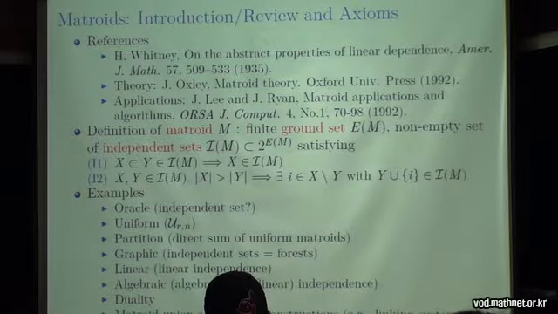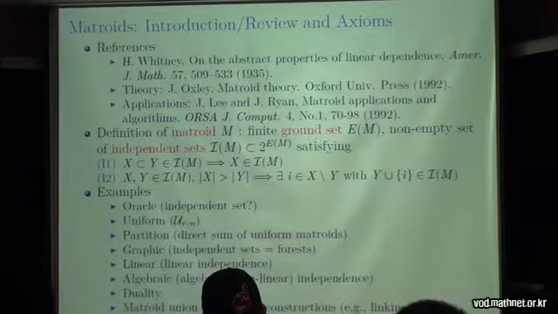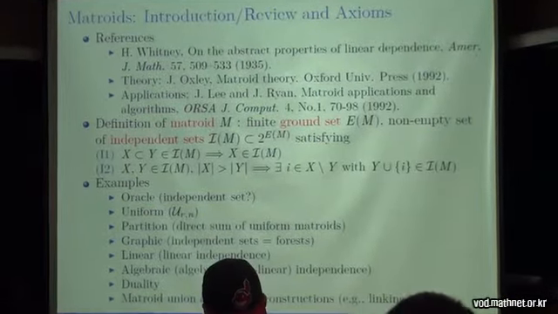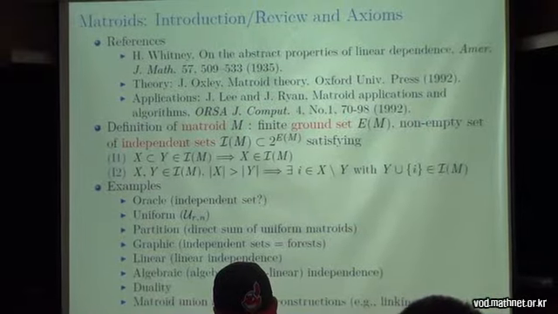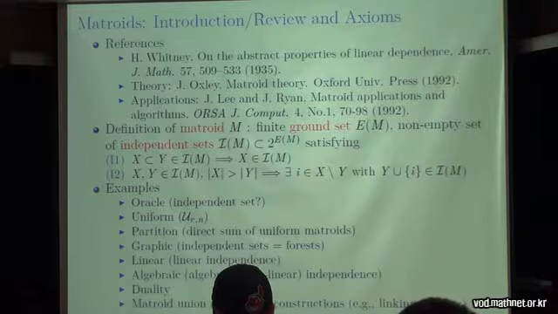And then there's an idea of matroid union, which is I could have several matroids on the same ground set, say k of them. And I say a set is independent if I can partition it into independent sets in the k separate matroids. So for example, I could take the graphic matroid twice on the same ground set.